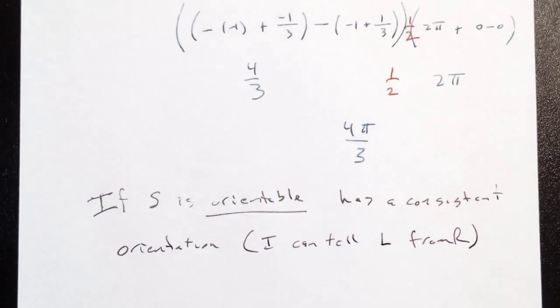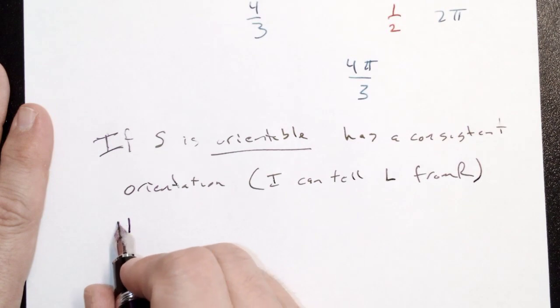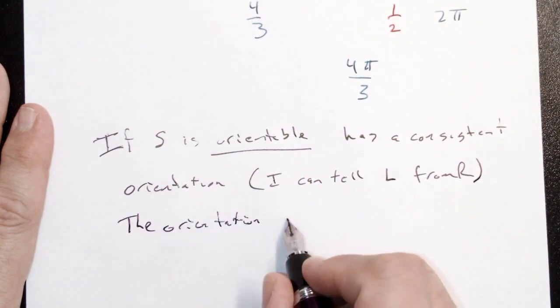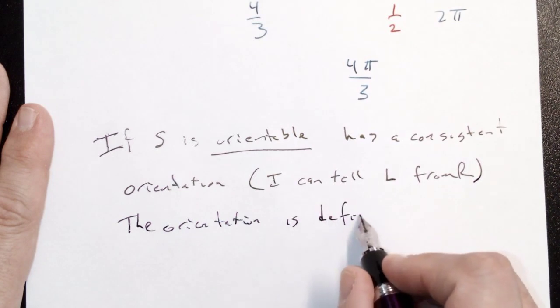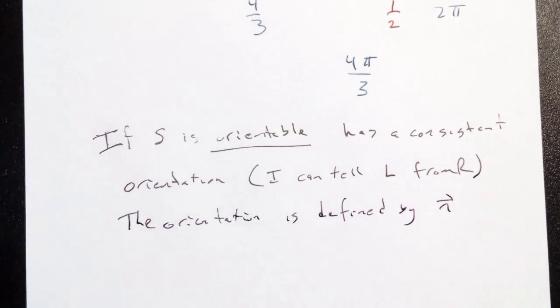I can tell which is the up and which is the down. The orientation is defined by a normal vector. I'm going to make my life easier, and I'm going to make this a unit normal vector.